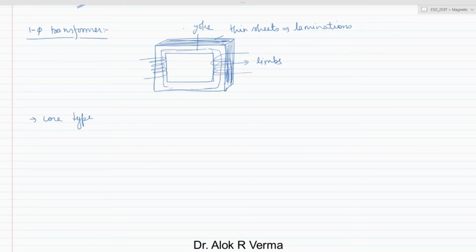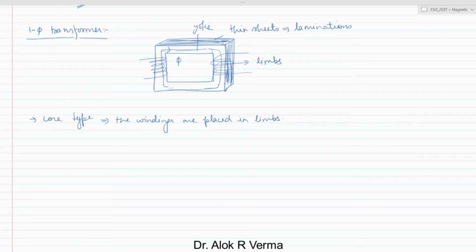So this is the flux flow. In the core type, the windings, basically the coils, are placed on the limbs.